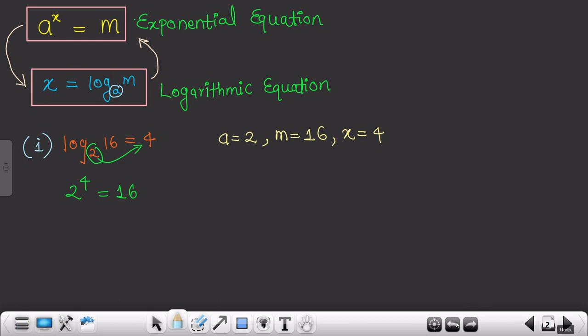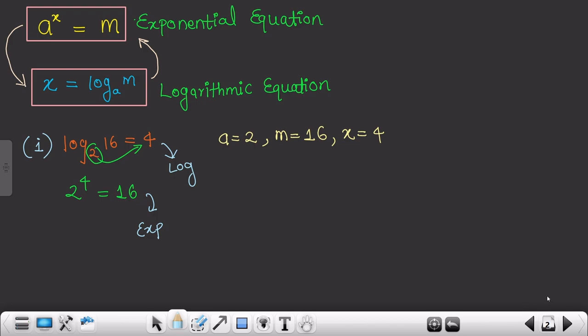Then you raised x, which was over here, to the base a. That means 2 raised to 4 is equal to 16, and we all know this is the exponential form. This is the exponential form and this is the logarithmic form. I hope you understood this numerical.